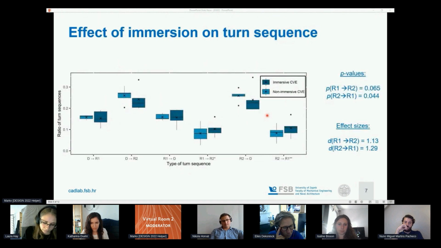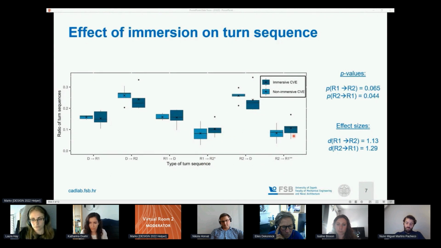Furthermore, we analyzed each possible conversation sequence, and from the results, we could see one interesting observation, being that there are significantly more sequences amongst reviewers in immersive than in non-immersive CVEs.